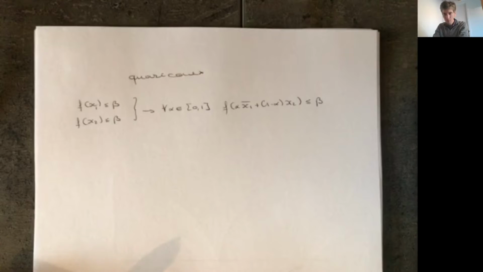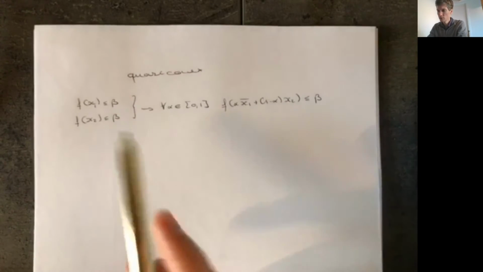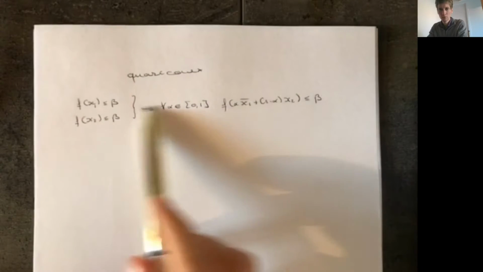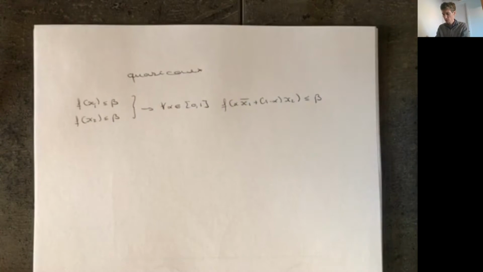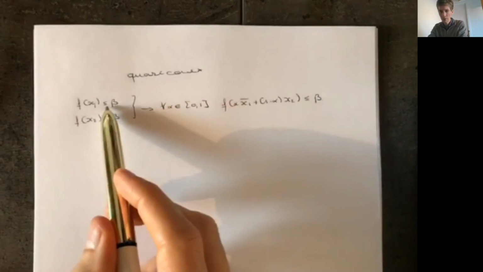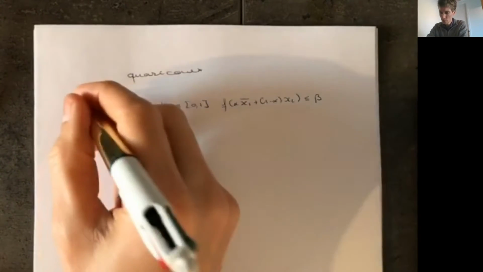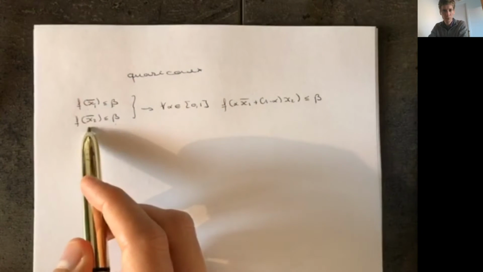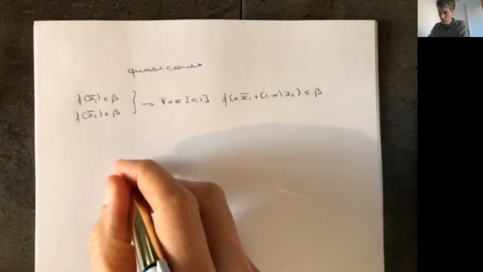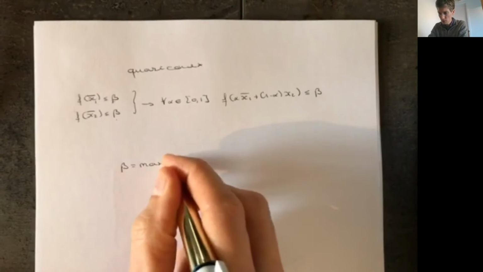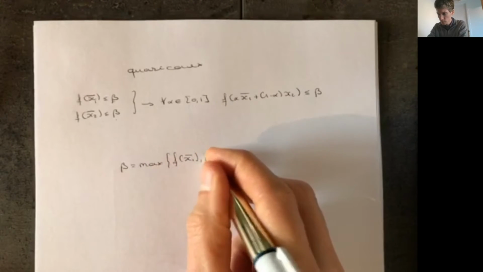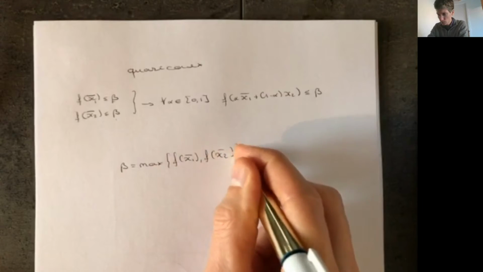Okay. So for quasi-convexity, you have a very similar thing as for quasi-concavity, which I have explained just a minute ago. So this is the definition of quasi-convexity. But now, for the special case, you don't take beta to be equal to the minimum of the two. But beta is greater or equal to f x1, beta is greater or equal to f x2. So what you do is you set beta to be equal to the maximum of f x1, f x2, right?